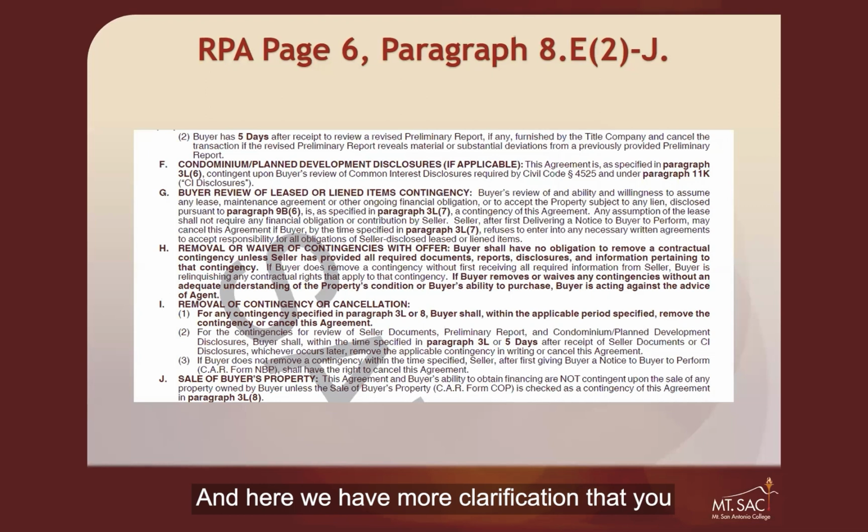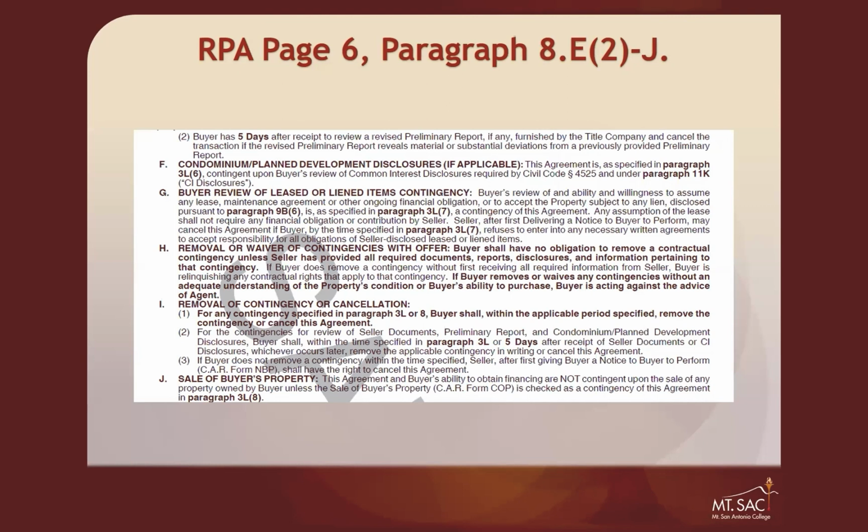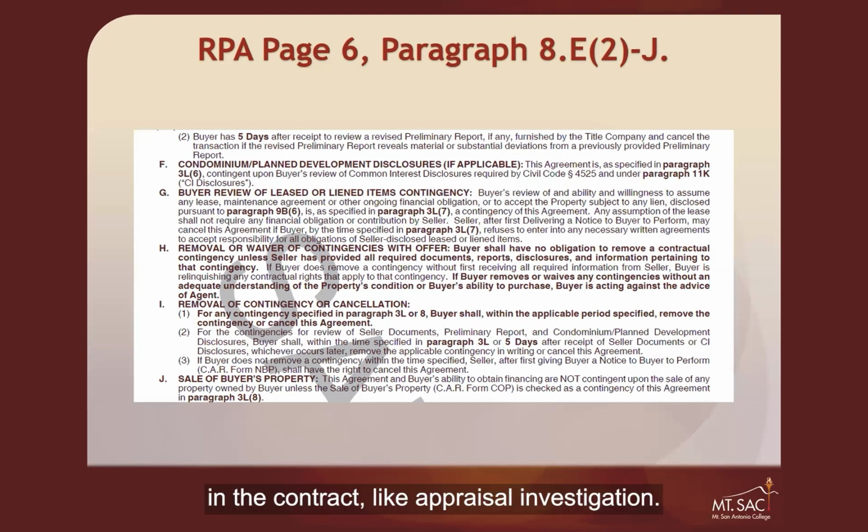And here we have more clarification that you can remove contingencies such as review of documents in the contract, like appraisal, investigation, but if it's a statutorily mandated disclosure, like the transfer disclosure statement, you cannot remove that rescission right that you have under the statute upon receipt of that TDS, NHD, lead-based paint, that sort of thing.